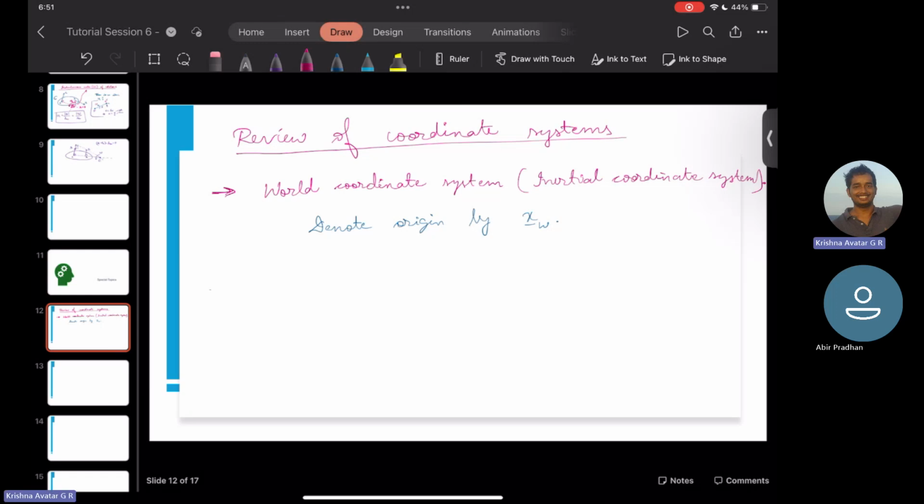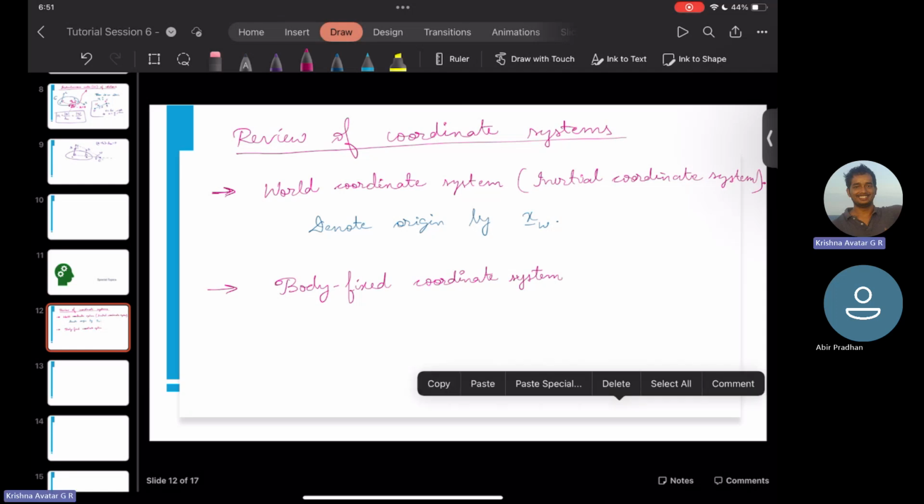And second is what we call the body fixed coordinate system, right?